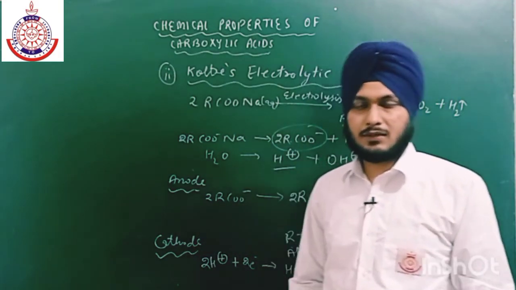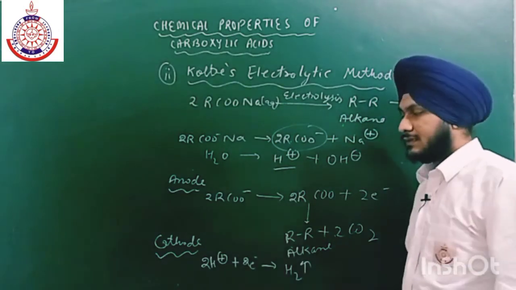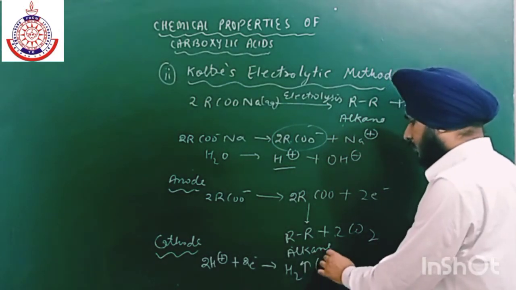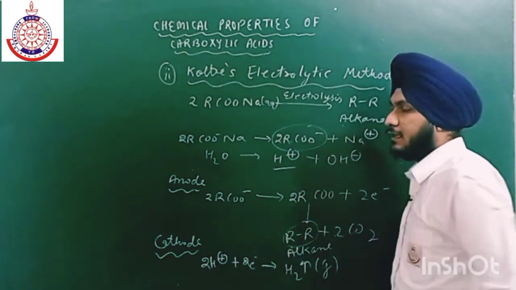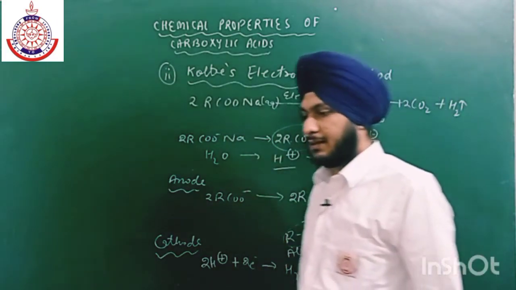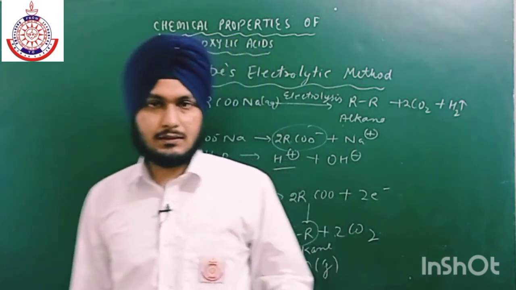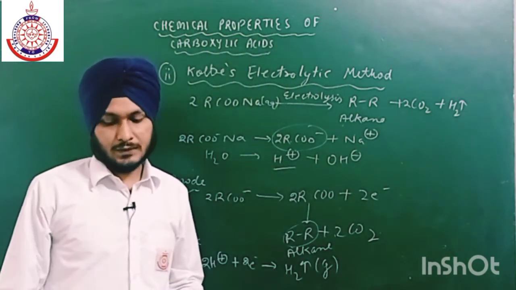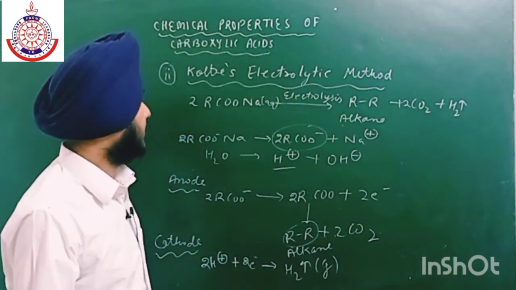So these are the products which we get. Hydrogen gas is liberated at the cathode and alkane will be formed at the anode. This method is very important, Kolbe's electrolytic method, and it may be asked in the exam also.